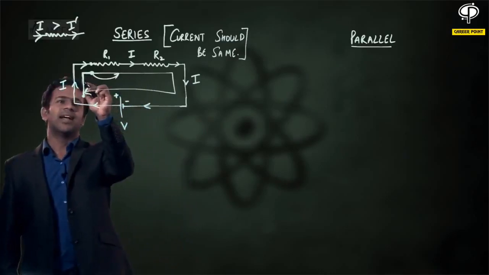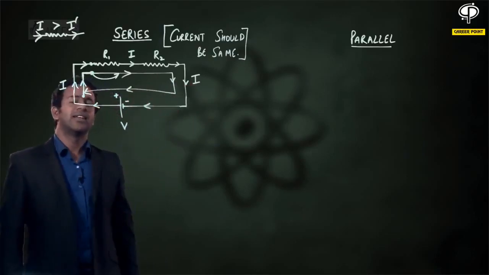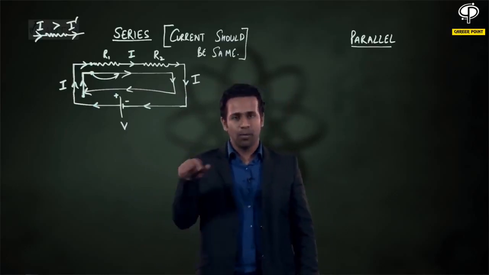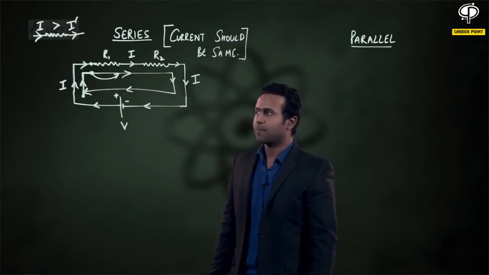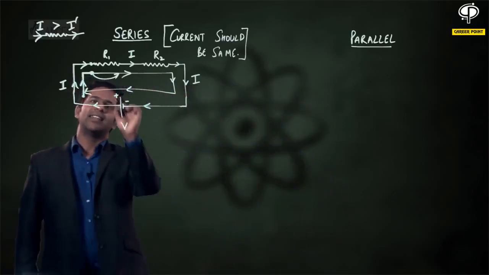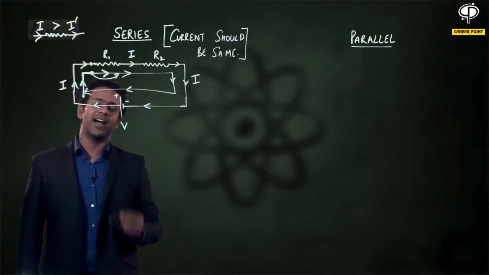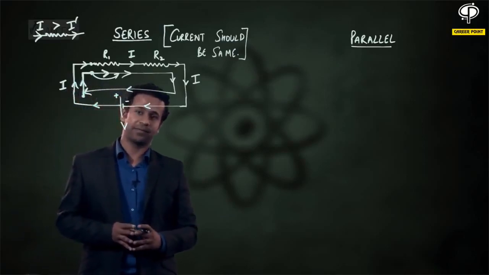Also notice that this is our direction of movement. This direction of movement is the direction in which we are moving to apply Kirchhoff's voltage law. Now, if you recall, we had seen that if your direction of movement and the direction of current are the same, the potential difference is negative.